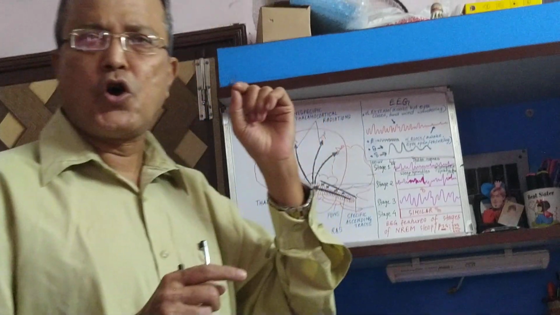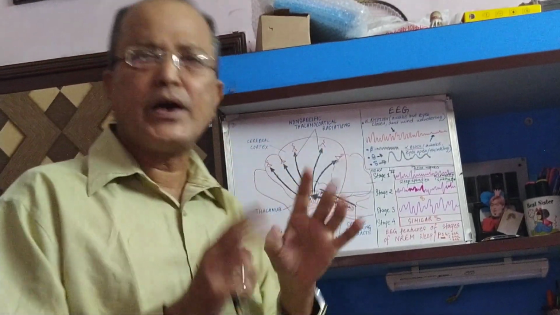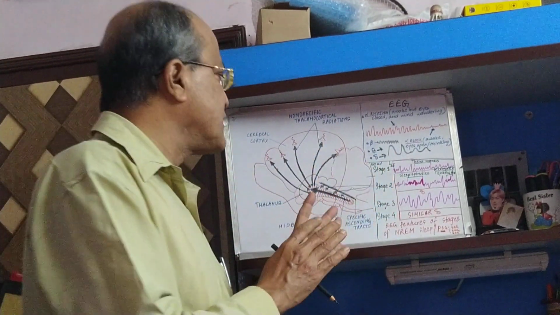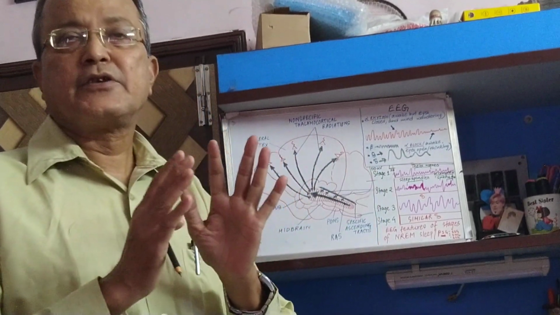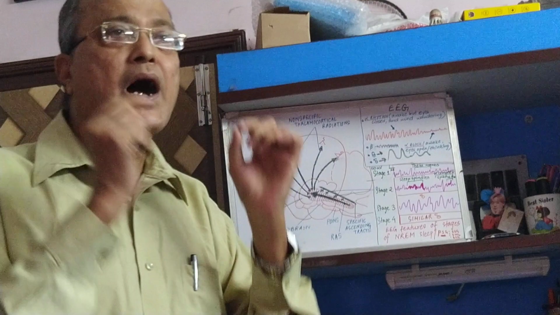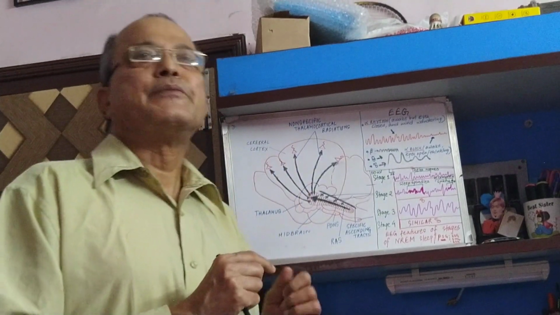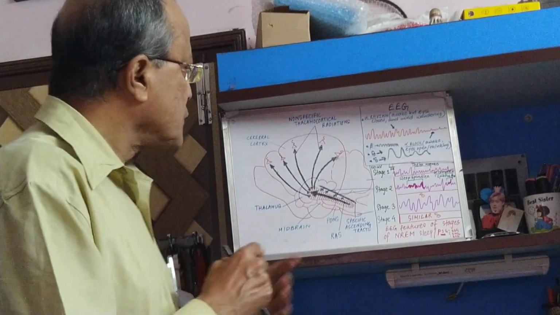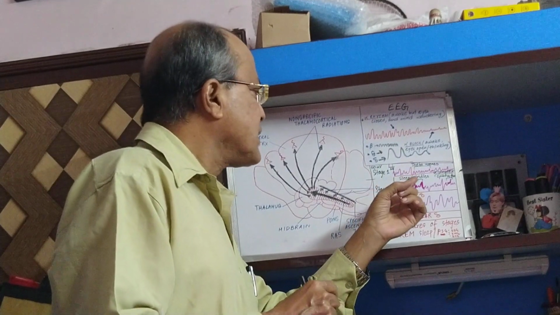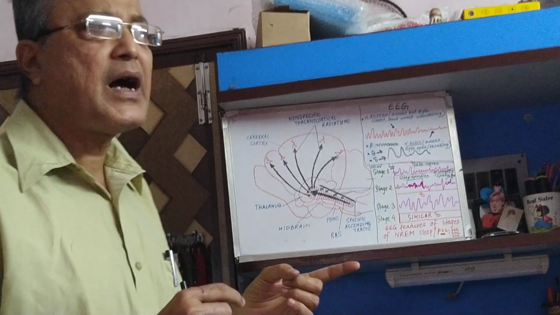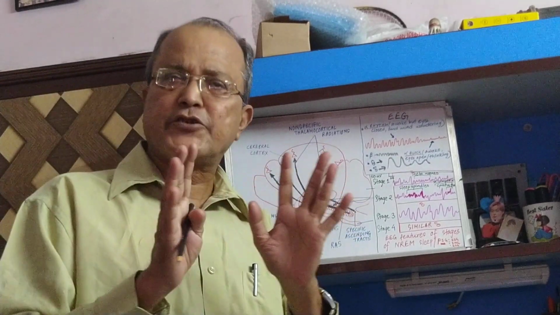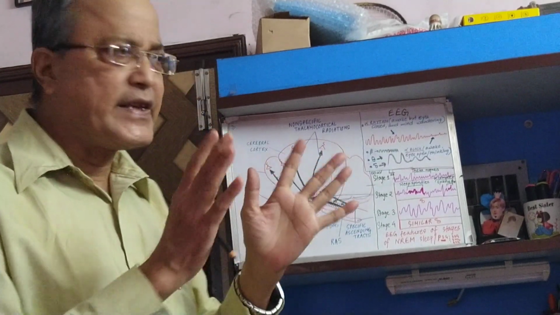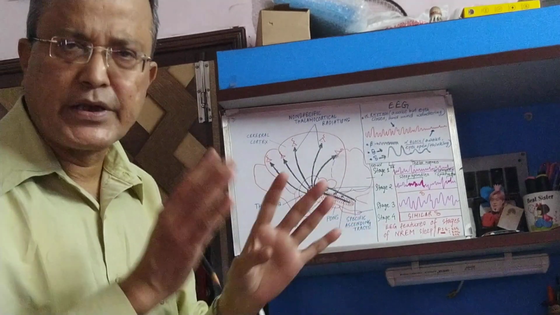NREM sleep, non-rapid eye movement sleep. Why this nomenclature? It is due to the fact that at this stage of sleep, there is no movement of the eyeball of the sleeping subject. Here the muscles are relaxed slightly, and the other parameters which I mentioned during the clinical features start declining gradually.